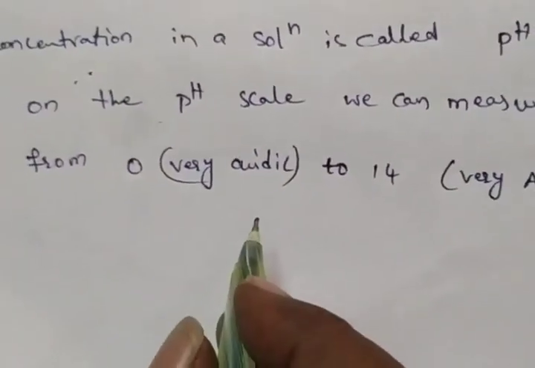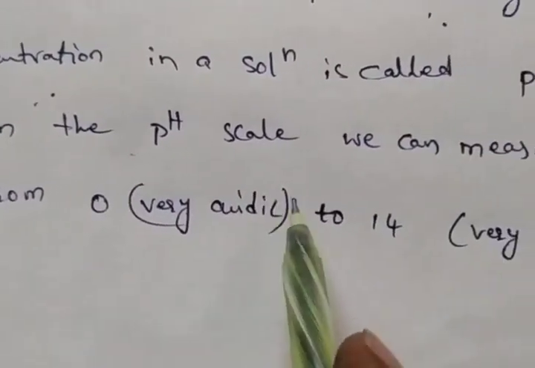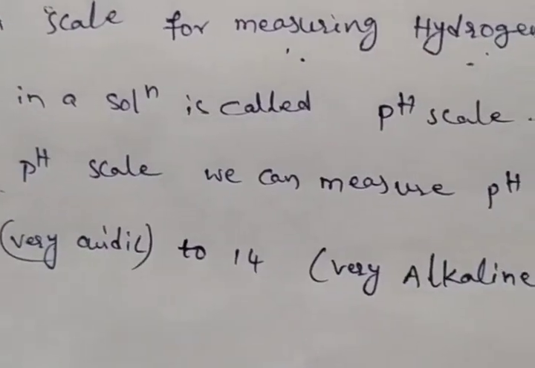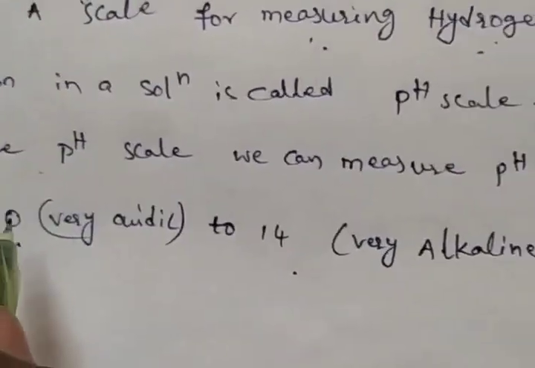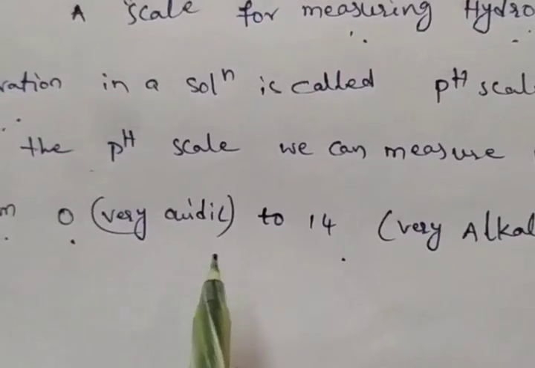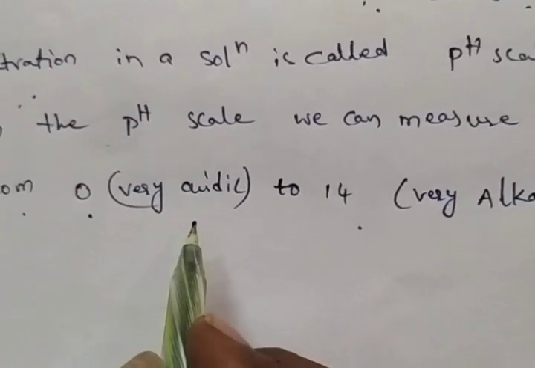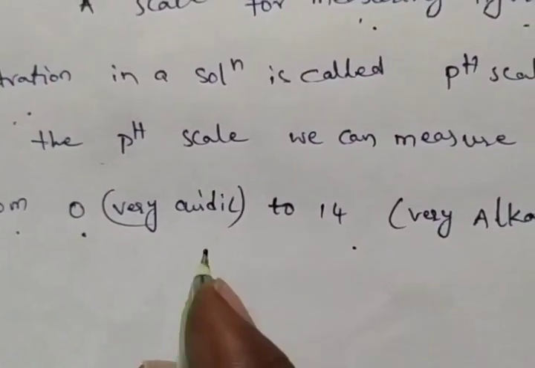The pH scale value is 0 to 14. Already we know 0 means acid, 7 means neutral, and 14 means base. Up to here already we know. Okay, thank you.